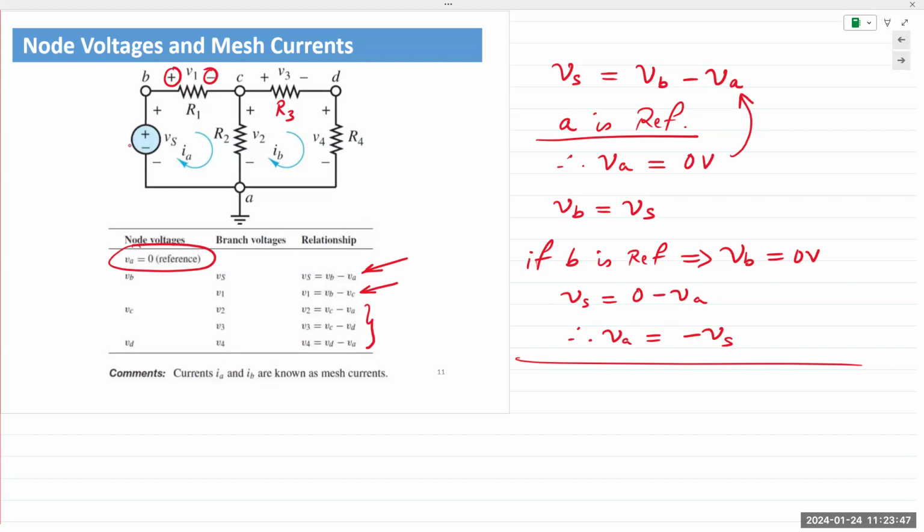Node voltages do not have a two subscript notation because the second subscript is implied. So VB is simply the same as saying VBA.